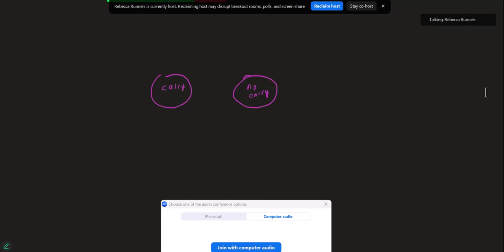And I have two inputs, A and B. So if my inputs are 0, 0, and I have a carry, then my output is 0, 0, 1. If my inputs are 0, 1, and I have a carry, my outputs are 1, 0.